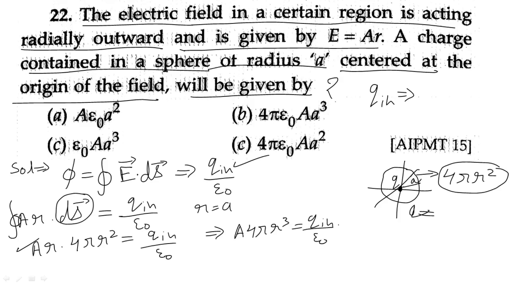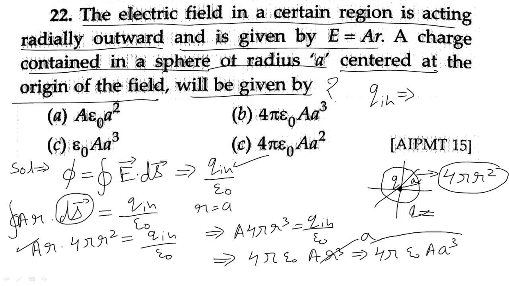So the q enclosed at the origin would be 4 pi epsilon naught A r cubed, which equals 4 pi epsilon naught A, with r as small a, so a cubed. So this is our option B, so option B is correct. Thank you.